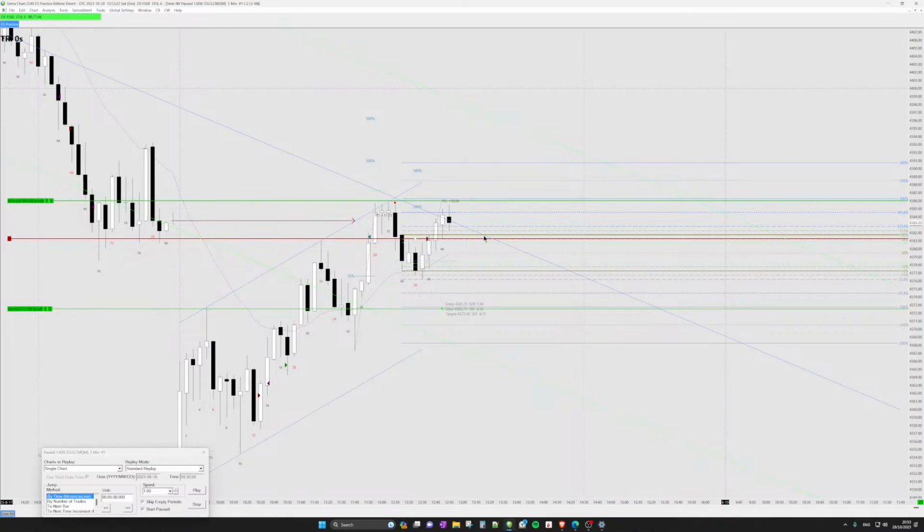I think that everything is too tight to the tick, so I don't really know. We'll just see what happens. Yeah, I remember, but it's super tight.